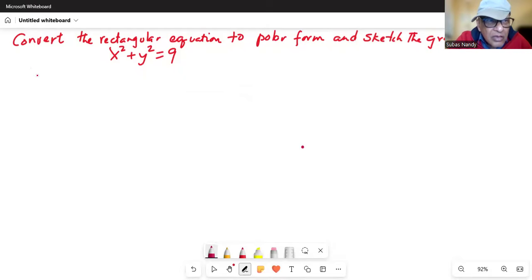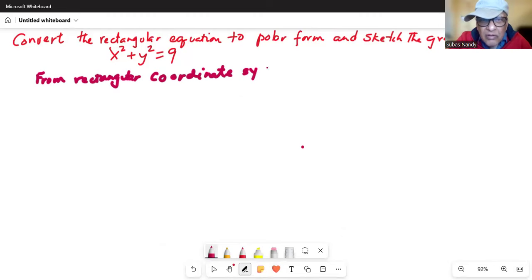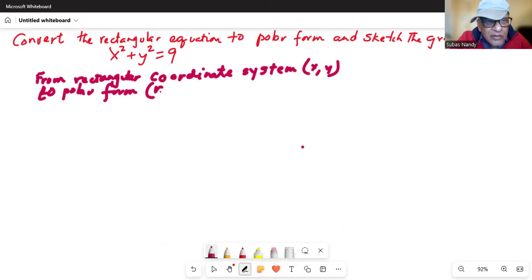Now, going from the rectangular coordinate system, which is x and y, to polar coordinates, to polar form, which is r and theta.